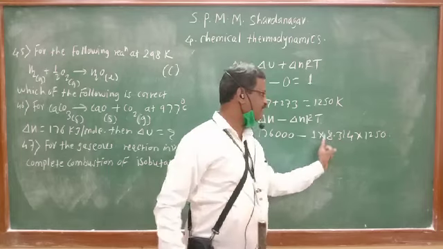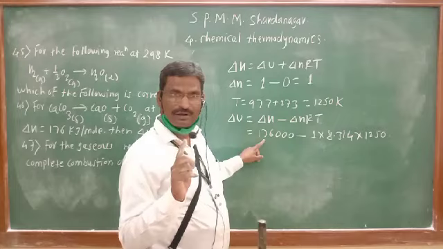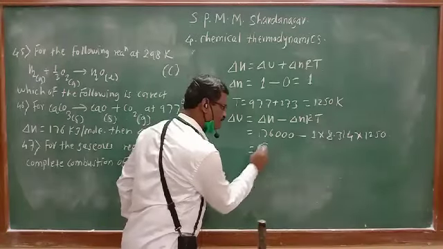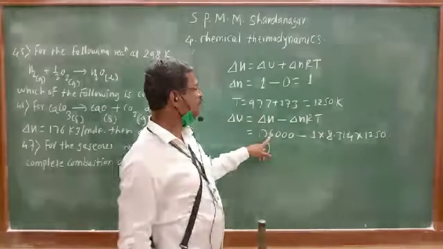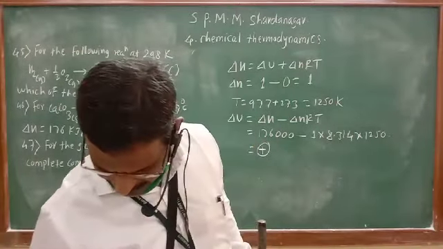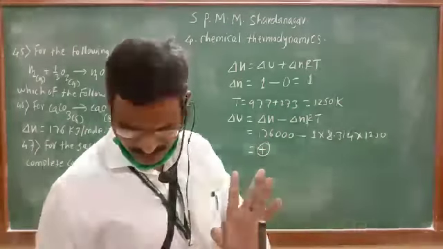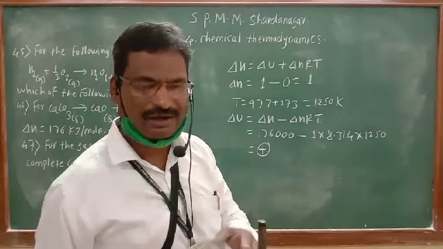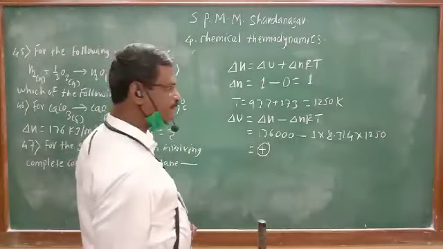So this figure is less as compared with this one. Therefore, the answer is positive and less than 176. Therefore, option A and option B are out of consideration. Remaining is only option C or D.